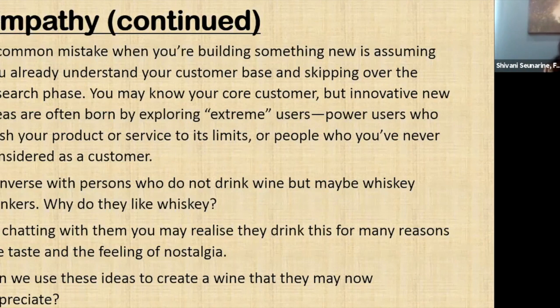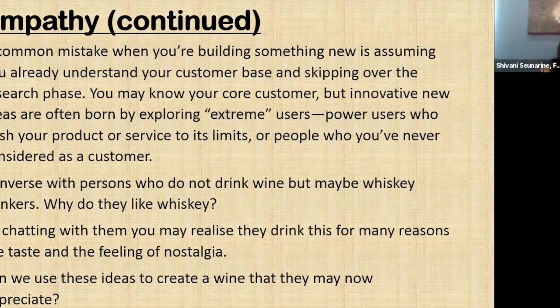I have met many persons who are very, very good at their skill, whether in the creative industry, in all different types of businesses, or even in a workplace. They are very good at their trade, whatever they do. But they did not understand the customer base. They skip over it because they think they really understand it.